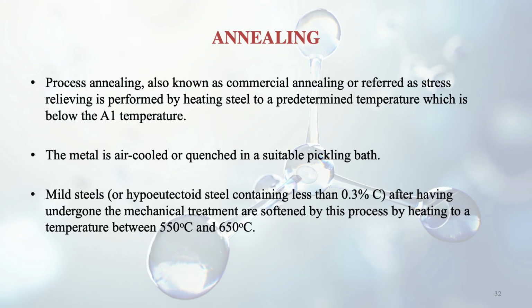Mild steels or hypoeutectoid steels containing less than 0.3% carbon, after having undergone mechanical treatment, are softened by this process by heating to a temperature between 550 degrees centigrade and 650 degrees centigrade. So you can see here we are not going up till 723 degrees centigrade. We are only going up till 550 or 650 degrees centigrade.